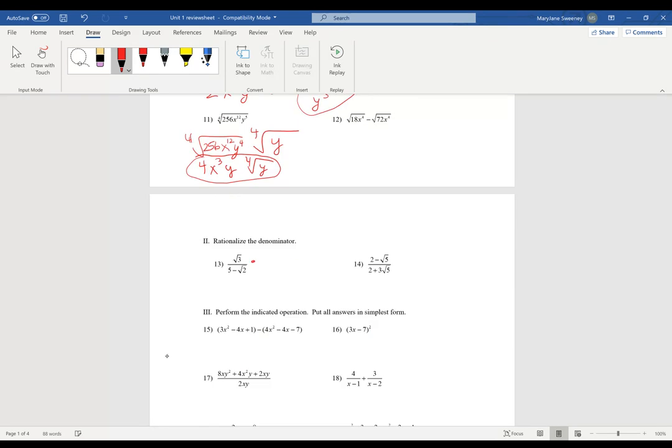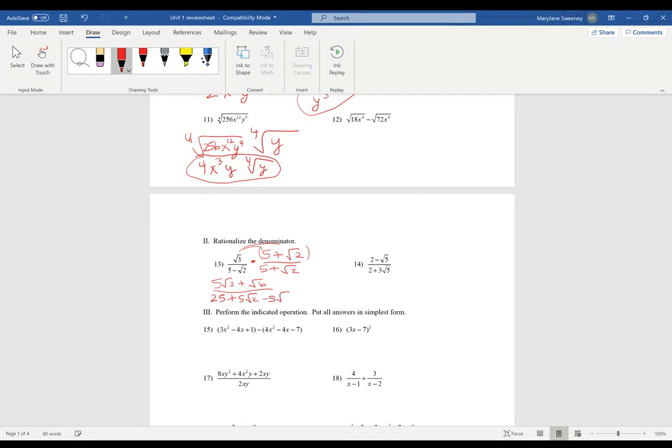13, we multiply by the conjugate, so 5 plus radical 2. Here we have to distribute, so this is 5 radical 3 plus radical 6. Remember, a radical and a non-radical do not get multiplied, but a radical and a radical do. On the bottom, we have to FOIL. First gives me 25. Outers is plus 5 radical 2.